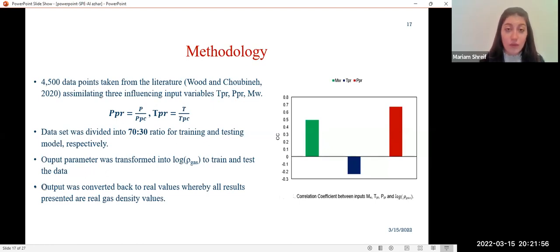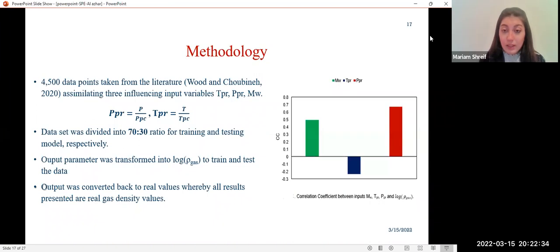So 70% of the data was used for training the model, and 30% was used for testing. We converted the output parameter, which is gas density, to log gas density to train and test the data. Why did we do so? Simply to improve the correlation and improve the results of the training process. And the output was converted back to real gas density values.